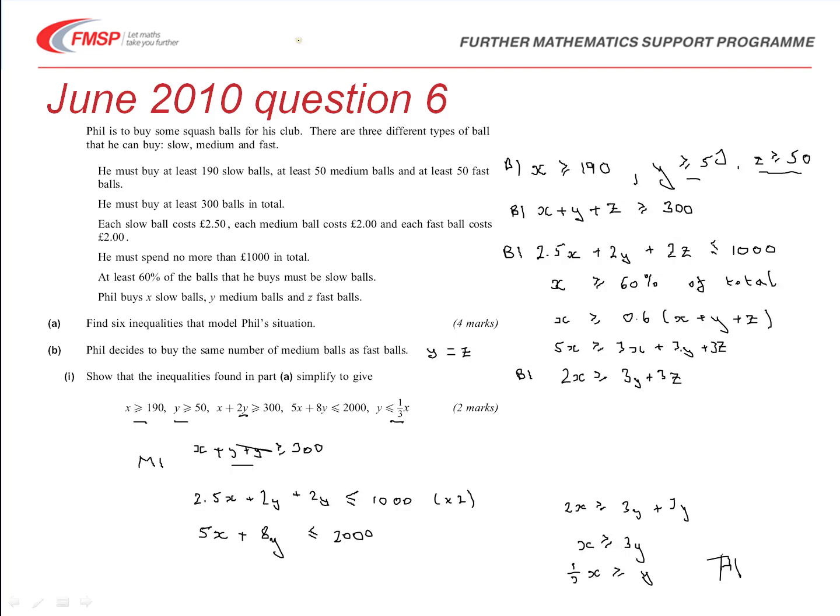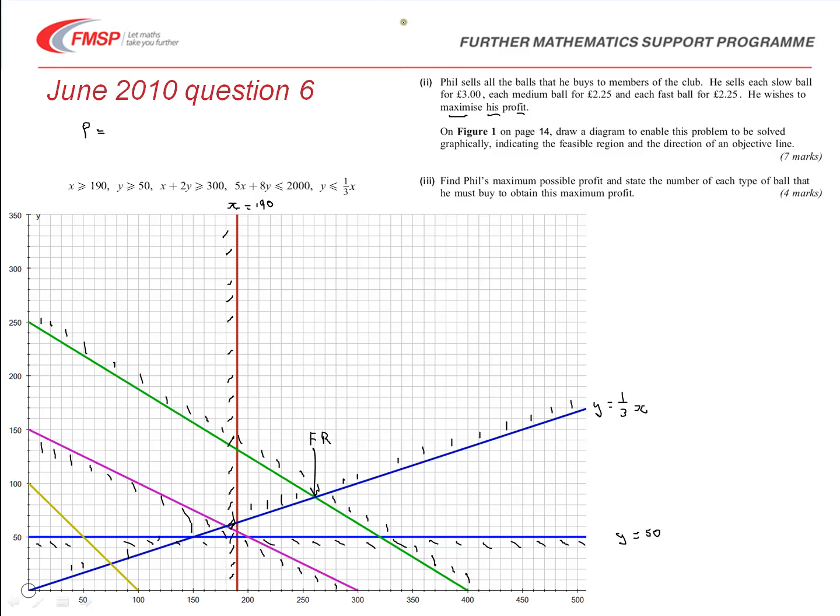Originally the cost of a slow ball was £2.50 and they're selling them for £3, so he's making a profit of 50p or 0.5. So if he buys x of them, he will make a profit of 0.5x on those.